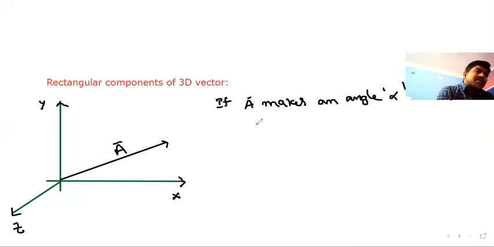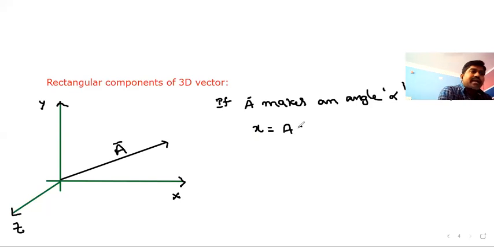So then what will be the x component? Whatever the angle made with the x-axis, for example theta is the angle made with the x-axis, definitely it will be the cos component only. In the same way, alpha is the angle made with the x-axis. Then what will be the x component?